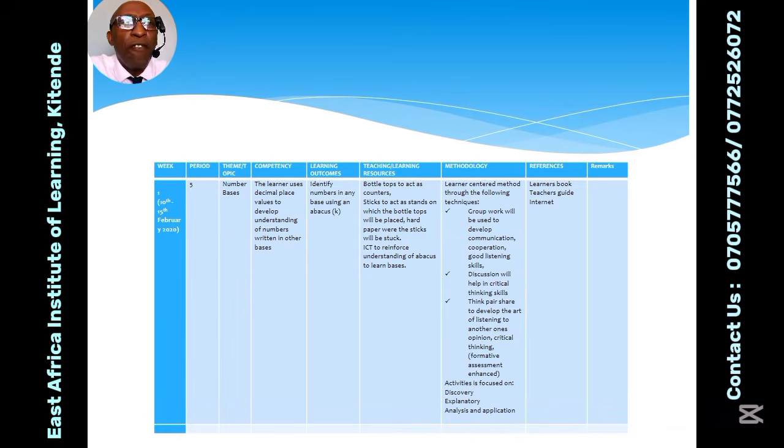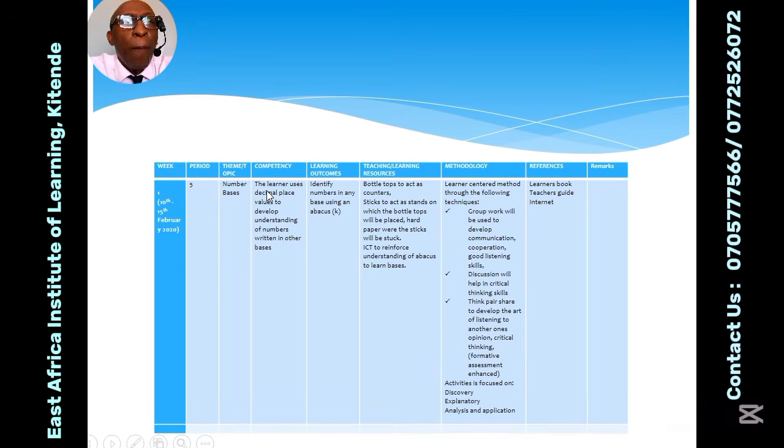Now, if you can zoom in here, you have the week. As I did mention, you have the week. You indicate the period when your subject is taking place in that week. The theme you are teaching, topic for that matter.